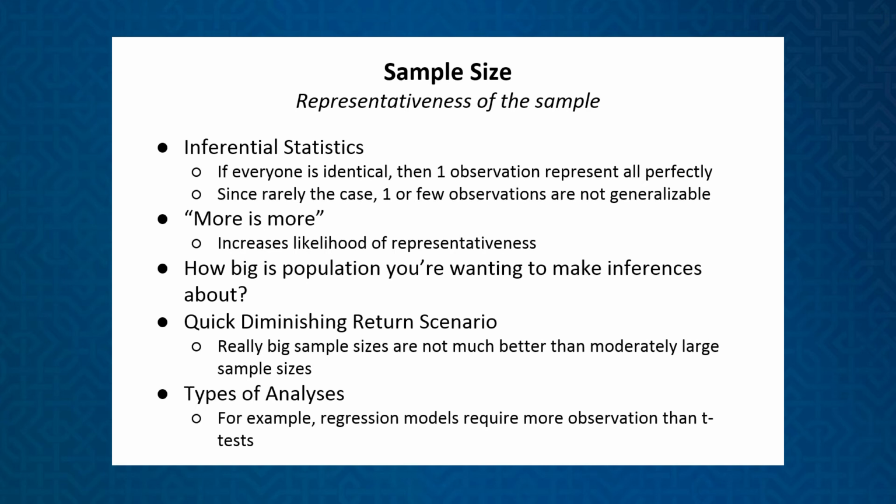If you're dealing with inferential statistics, the whole point of a sample is that the information that you're gleaning from it applies at the population level. So theoretically, if everybody were identical, you'd only need one person in your sample to absolutely perfectly represent your population. The reason that more is more in quantitative is because it increases the likelihood of representativeness.